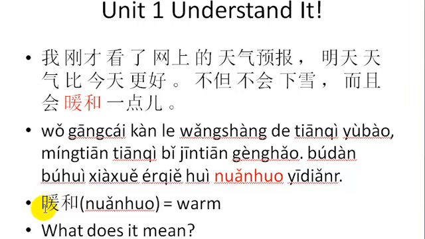And this is the symbol for sun on the left-hand side here. nuǎnhuo. So, 不但不会下雪，而且会暖和一点。So what does this whole sentence mean? Pause and see if you can write down in English what you think it means.